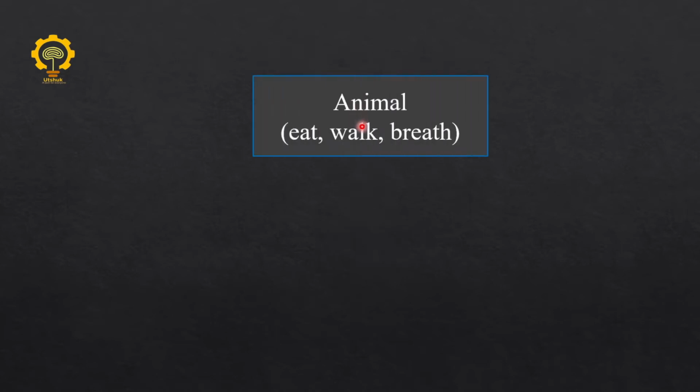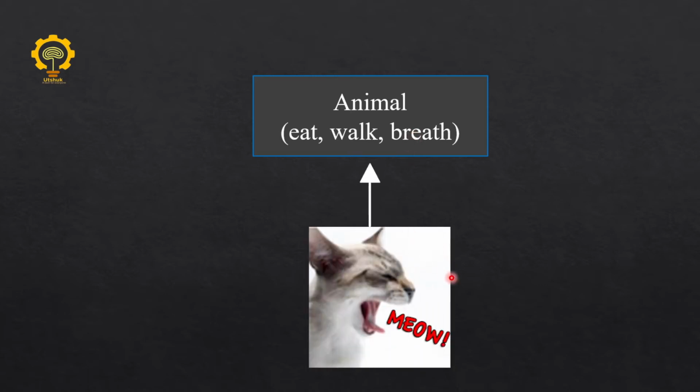Suppose we have the class animal here. An animal has different properties like it can eat, walk, breathe, and whenever this parent class is defined, we create another class for the single inheritance, that is, let's say cat, and cat can inherit the properties like eat, walk, and breathe, and this child can even add new properties to its own class, let's say meow.